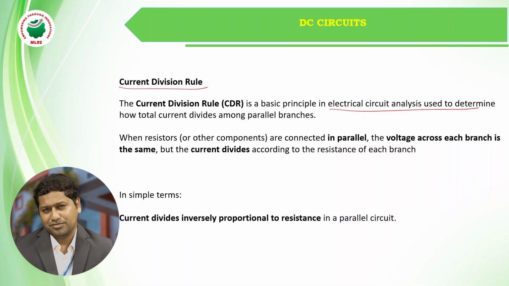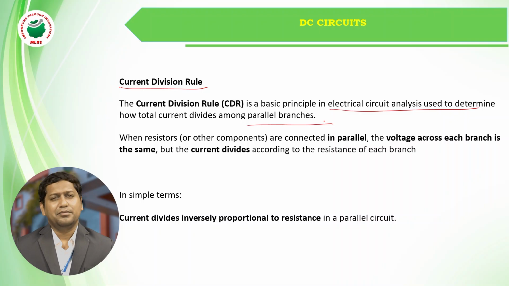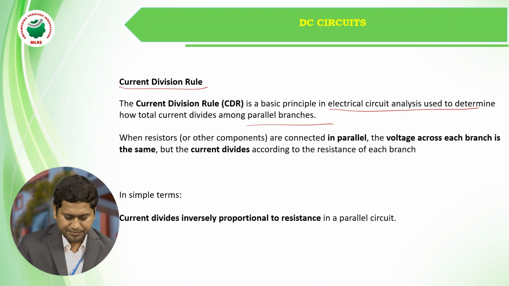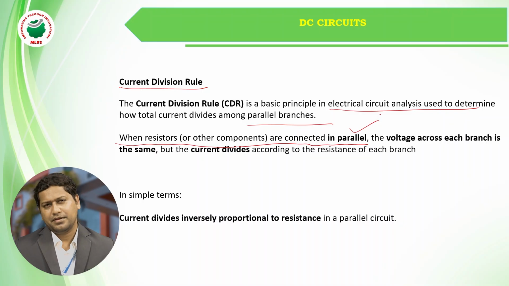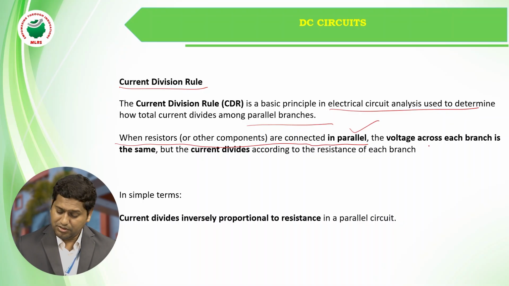Next we are going for the current division rule, which deals with parallel branches or parallel connections, in which the current gets divided. Here resistors are connected in parallel. So the voltage across each branch is the same.